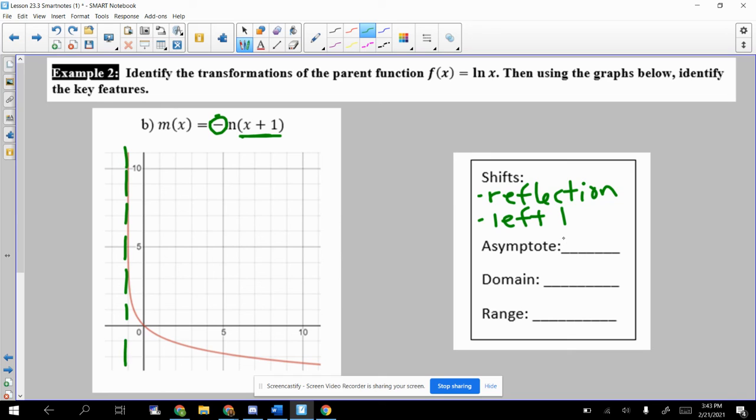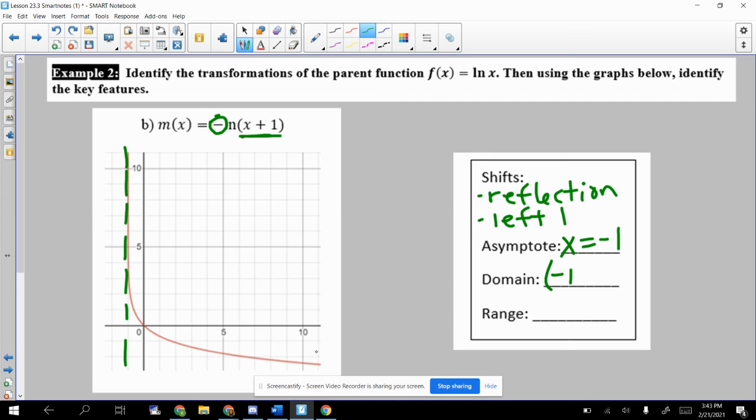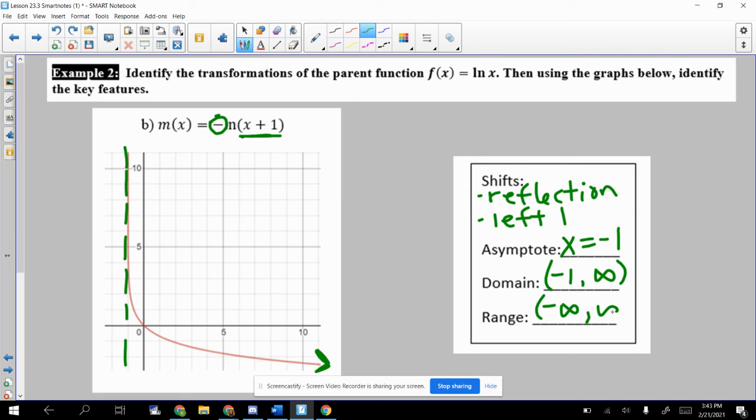So that is going to be at x equals -1. Then our domain is going to be -1 to positive infinity, because this can keep going to the right forever. So -1 to positive infinity, and our range does not change, -infinity to positive infinity.